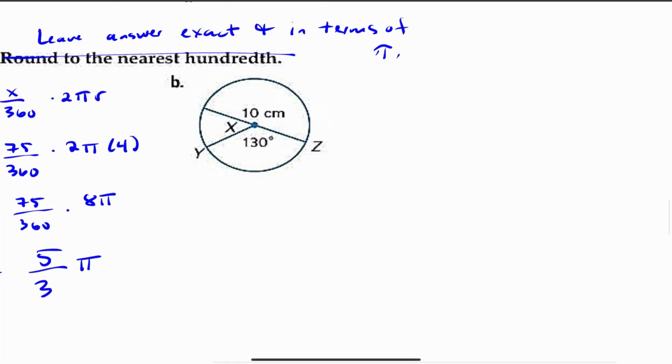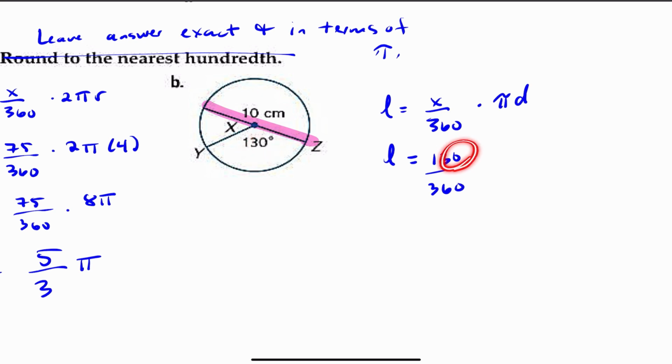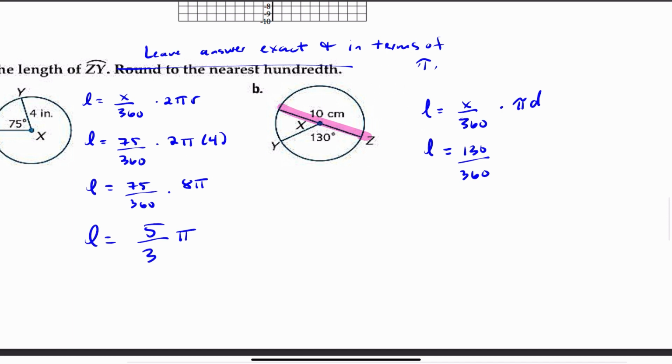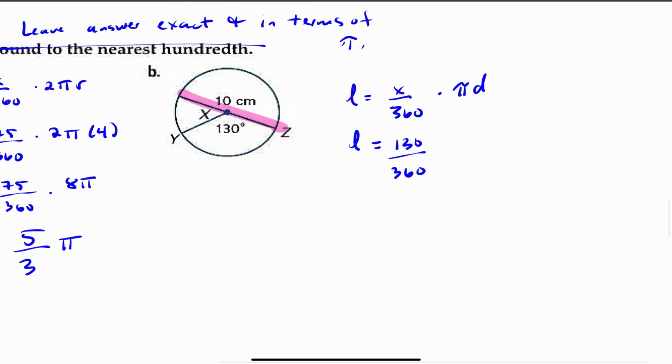22b. This time I have a diameter, so I'm going to write L equals x over 360 times pi d. So L equals 130 divided by 360, because 130 is my central angle, and I'm looking for ZY here. You multiply that by 10 pi.